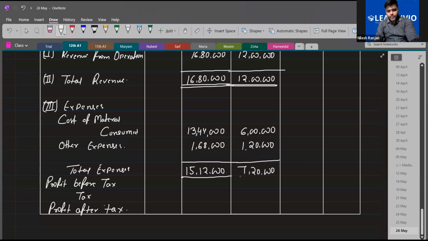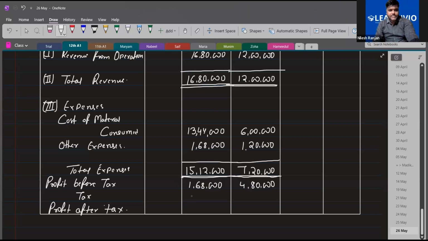Then the profit before tax will be second minus third, that is total revenue minus total expenses. So 16,80,000 minus 15,12,000 is 1,68,000, and here it will be 4,80,000.